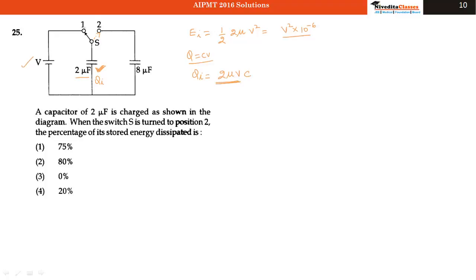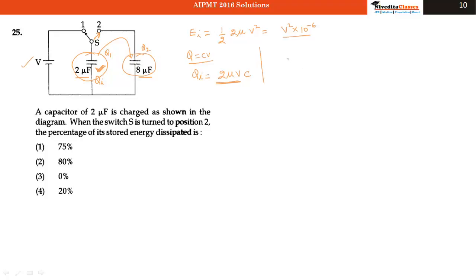Now when the position is changed to switch 2, the total charge will remain the same. Some of the charge will go to the other plate of 8 microfarad, but we have to remember that the voltage across these two capacitors will remain the same. So let us say that this has a charge Q1 and this has a charge Q2.